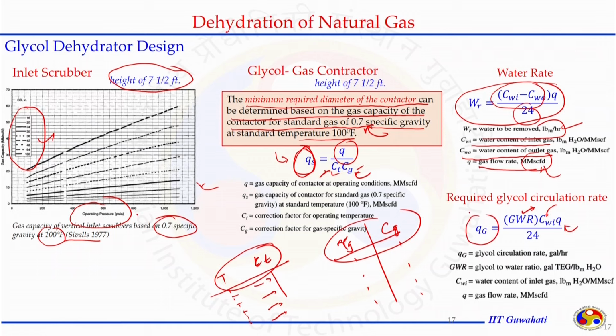Other things involved in the absorption dehydration process are like the flash tank, which separates the rich glycol from the gases, if any. The dimension can also be calculated from the literature data, knowing the amount of glycol that is going to be handled by that flash separator.